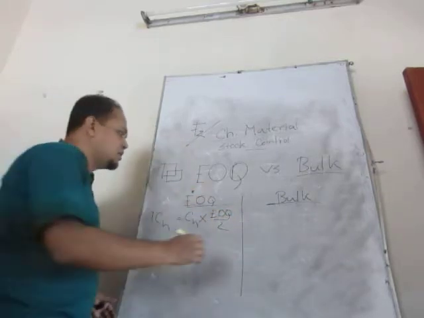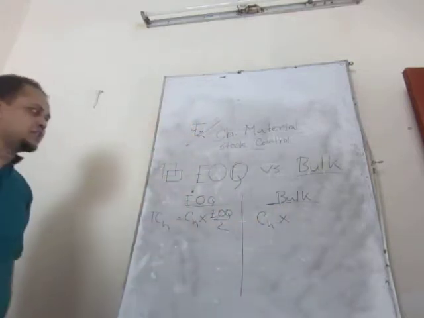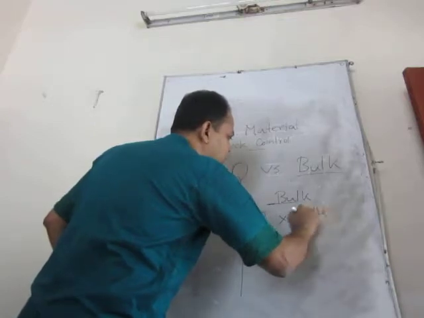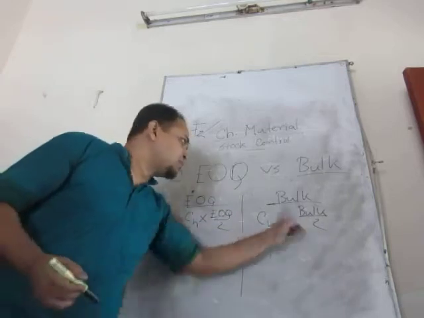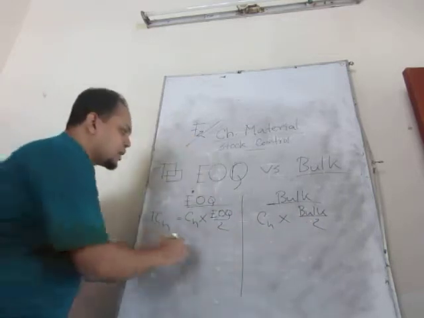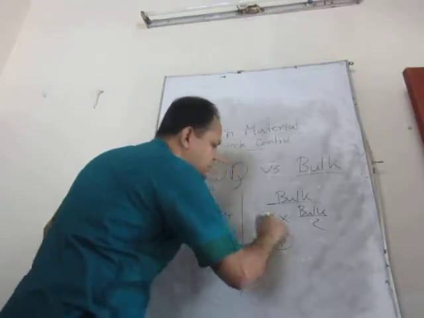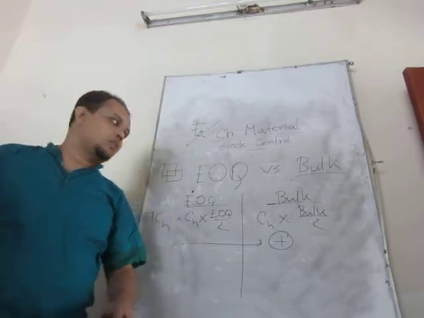But here TCH means holding cost per unit, just like the same. But here the average inventory will be bulk by 2. So obviously this amount is more than this. That's why the total multiplication result here will increase more than this amount, right?